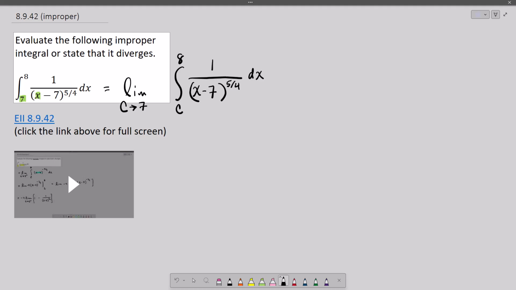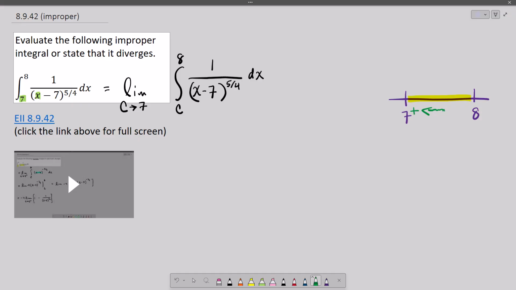So if we think about our interval, we're going from 7 to 8. And if we're going to be approaching 7, we want to stay within our domain. So we're inside here. As we start moving towards 7, we are coming in from the right-hand side.